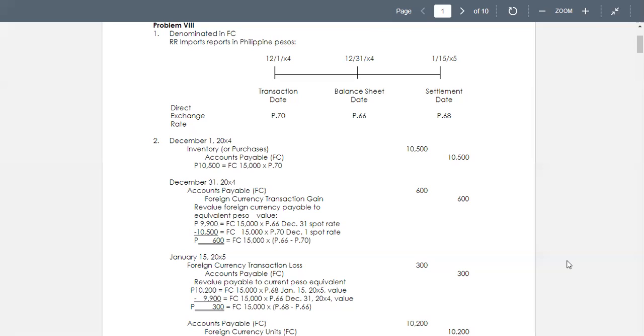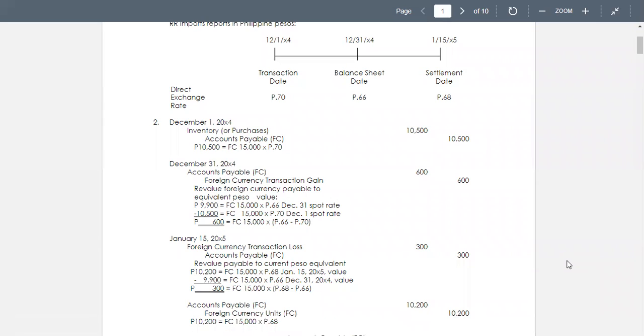Now take note, accounts payable on December 1, 2004 is credited for 10,500. On December 31, debited for 600. So the balance is 9,900. And on January 15, credited for 300. So the total credit is 10,200. We now debit accounts payable and credit foreign currency units.